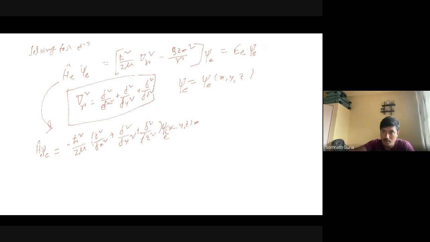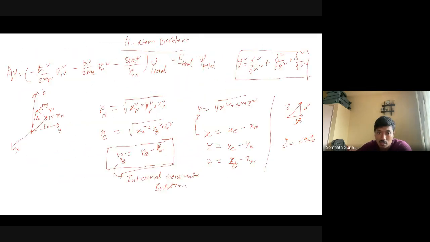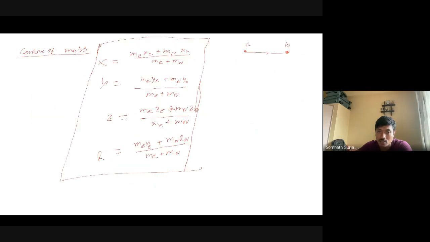the potential term, with the square root, where r is, as we said initially, r equals the square root of x square plus y square plus z square.